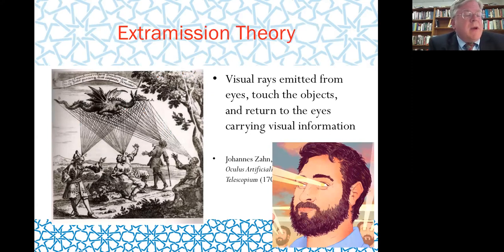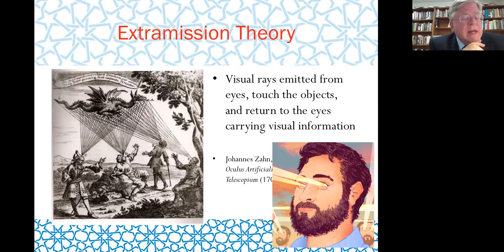Aristotle speculated about how it worked, and both Euclid and Ptolemy had sophisticated theories of visual perspective. But the most popular theory was called extramission theory. This was the idea that a visual ray was emitted from the eyes, had contact with the object of vision, and then returned to the eye, bringing the visual information back to the eye.